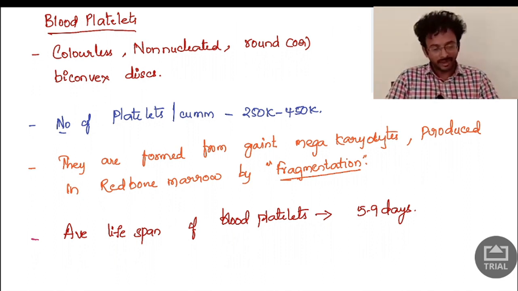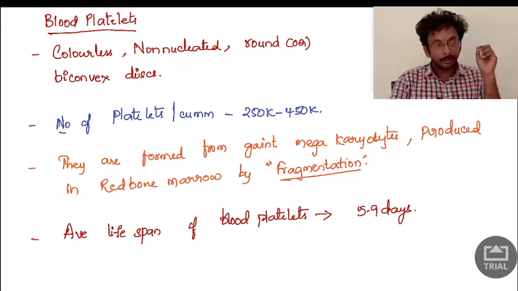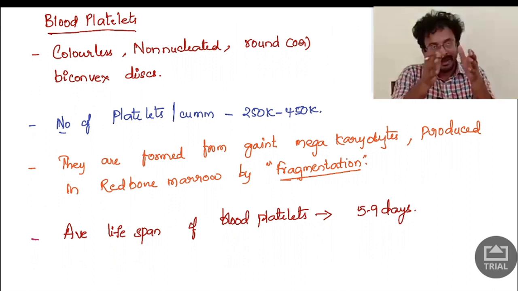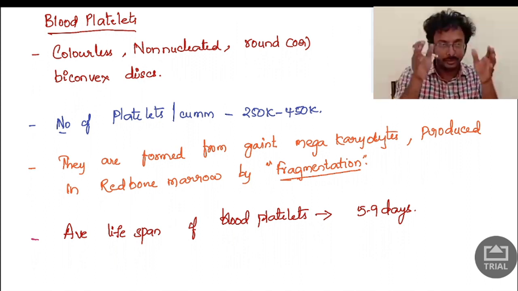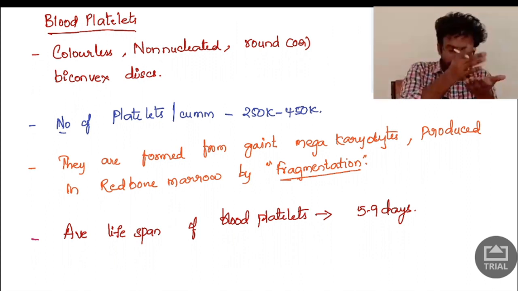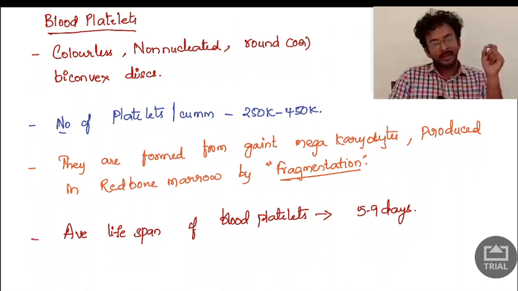They are formed from where? They are formed from giant megakaryocytes produced in red bone marrow by fragmentation. I repeat, megakaryocytes. Giant means big-sized megakaryocytes produced in red bone marrow by fragmentation.